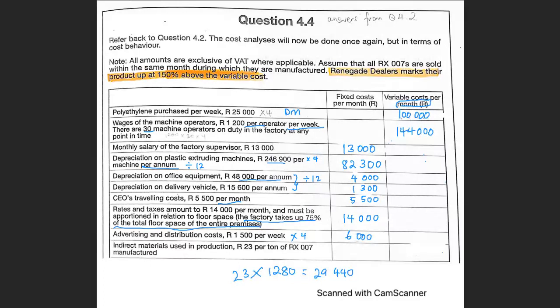So when it's per unit, most of the time, you're going to find that it is variable in nature. So here it depends on how much we've produced. The more we produce, the higher the indirect material cost will be because it is per unit. And the less we produce, the lower this cost will be. So that would be variable in nature.